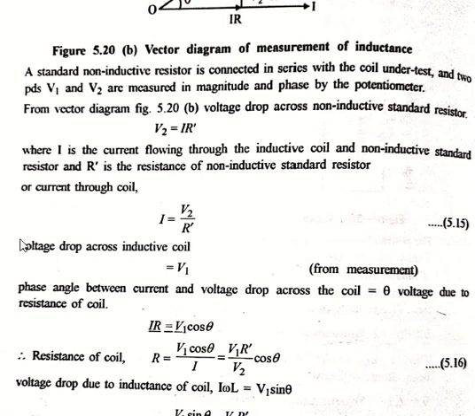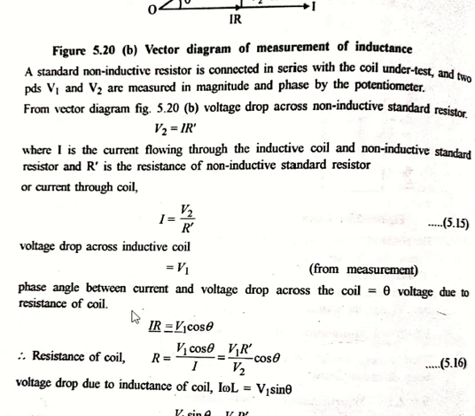The voltage drop across the inductive coil is V1, which we have measured from the AC potentiometer. The phase angle between the current and the voltage drop across the coil we can assume to be theta. The voltage due to the resistance of the coil is I R, which equals V1 cos theta.